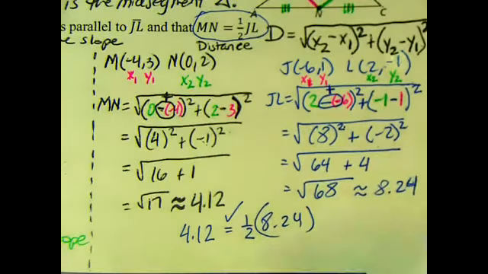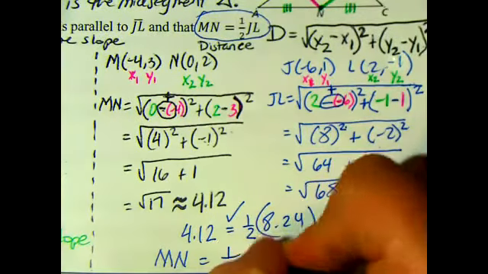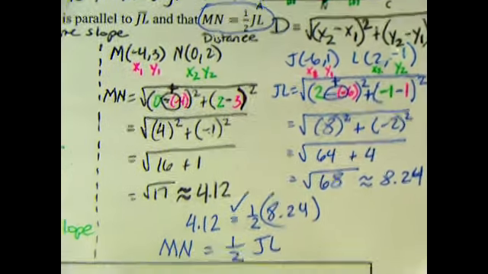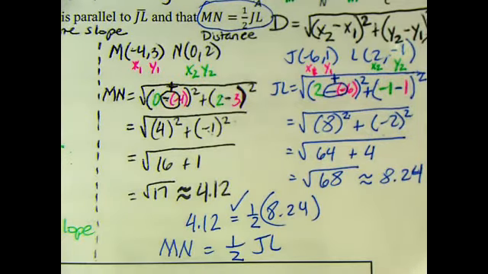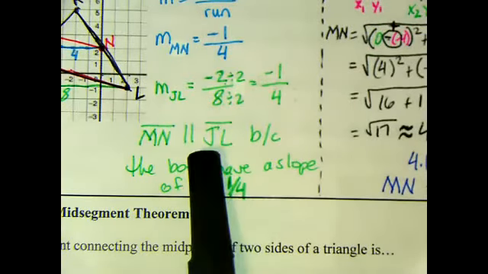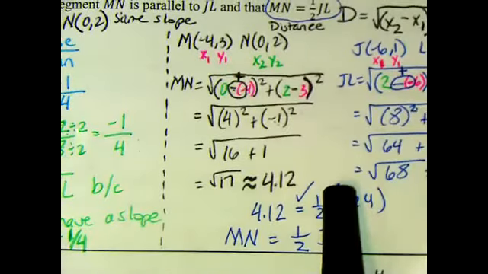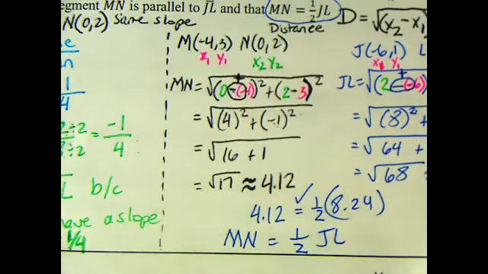So MN is equal to half of JL. So you now know how to show if they're parallel to each other and how to show if their distances are half of each other.